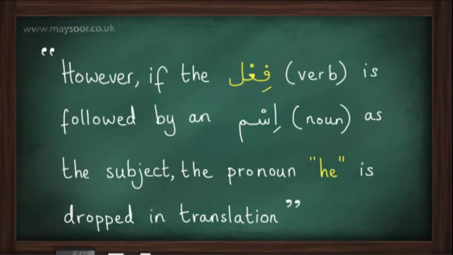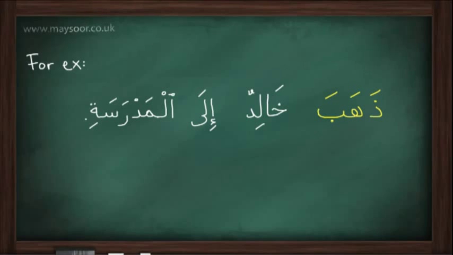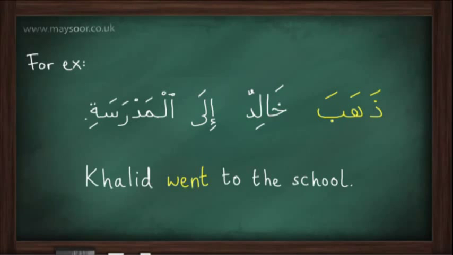However, if the fi'l, the verb, is followed by an ism, a noun, as the subject, the pronoun he is dropped in translation. For example, ذهب خالد إلى المدرسة, which means Khalid went to the school.